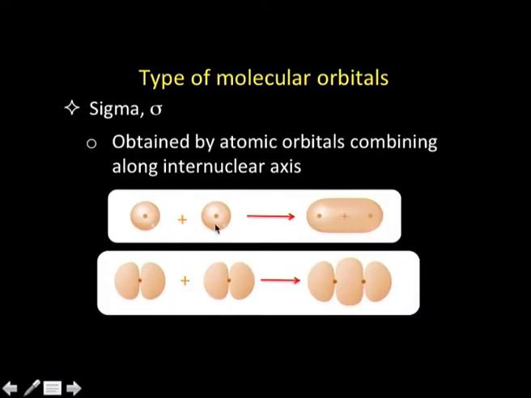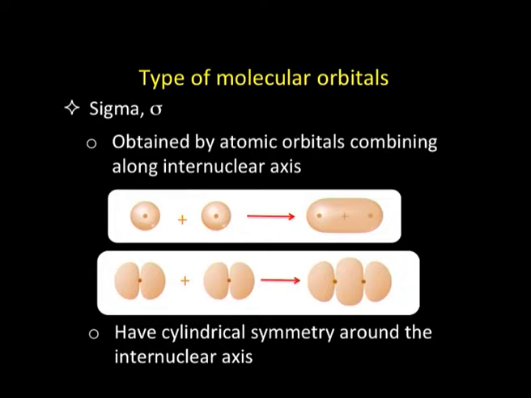Two 1s orbitals combine together along the internuclear axis and give you a sigma orbital. Another possibility could be a 2pz orbital of atom 1 and a 2pz orbital of atom 2. The two combine along the internuclear axis and generate this kind of molecular orbital. This also will be called a sigma molecular orbital, because it comes as a consequence of overlapping along the internuclear axis.